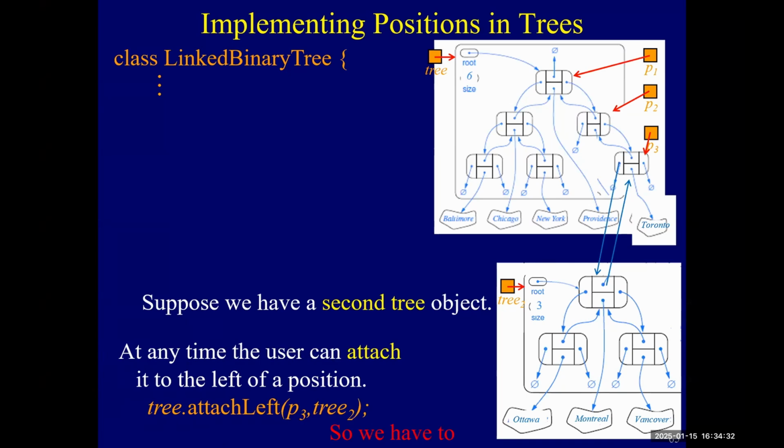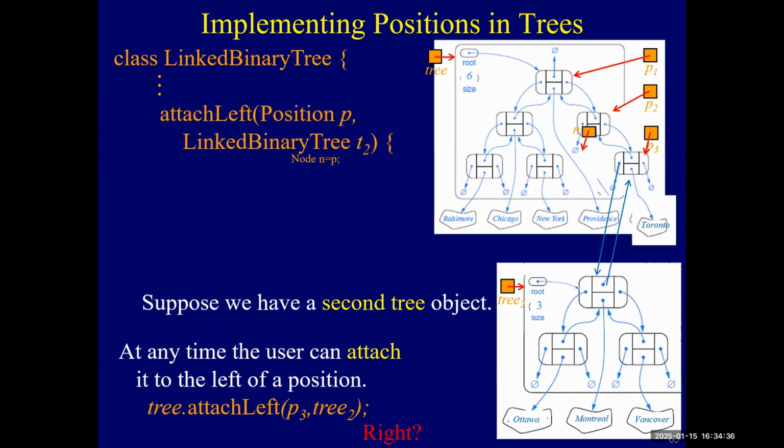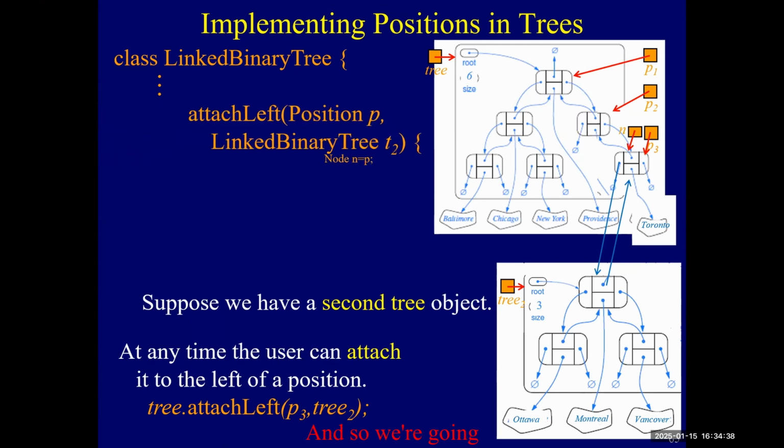So we have to get those links hooked up. And so we're going to write this routine attach left. And we pass it a position P, and T2 is going to be this tree down here.